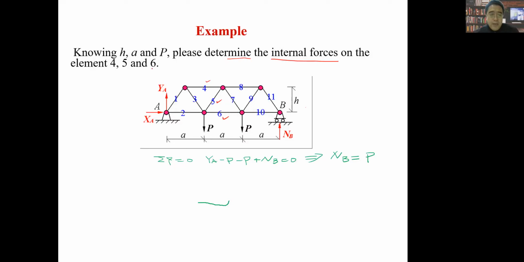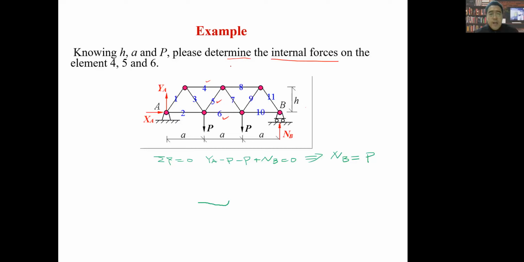Indeed, first we can calculate the reactions at point A and point B. Second, we can use the method of joints from A, joint by joint, and we can find the internal forces of all the members of this whole truss. But a lot of that calculation is not necessary because we only try to figure out member 4, member 5, and member 6, right?